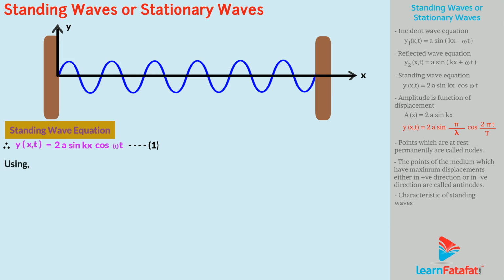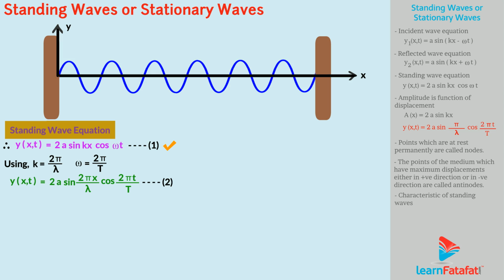Also, using k = 2π/λ and ω = 2π/T, equation 1 can be modified as y(x, t) = 2a sin(2πx/λ) cos(2πt/T). Let's call this equation number 2.